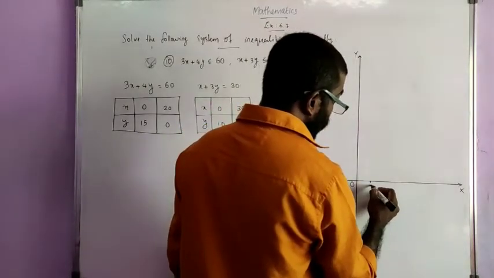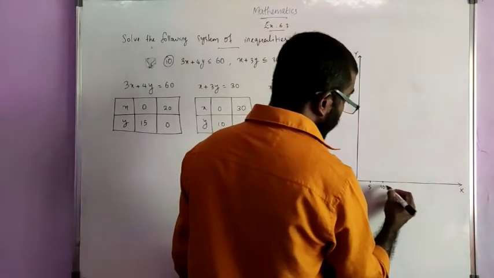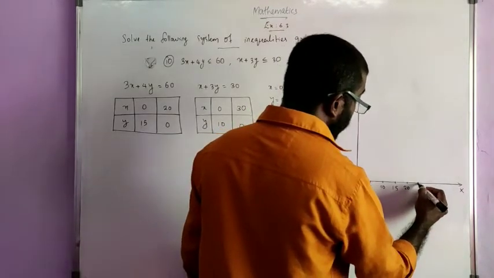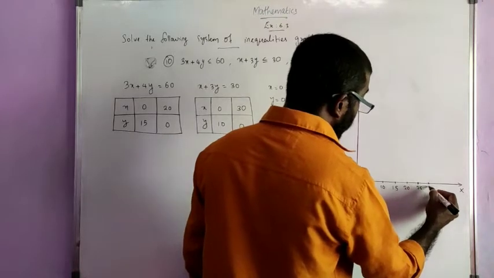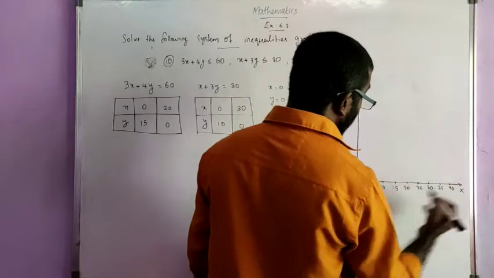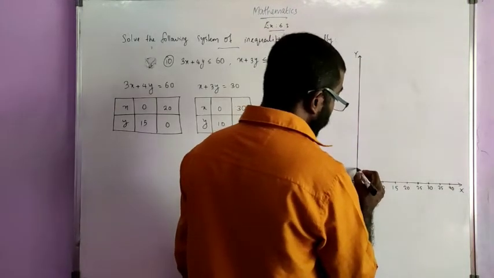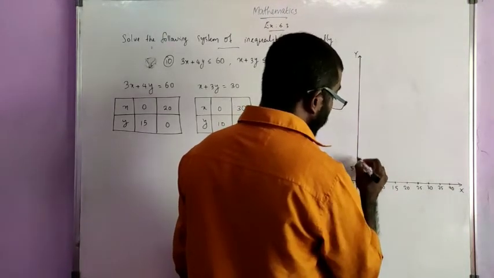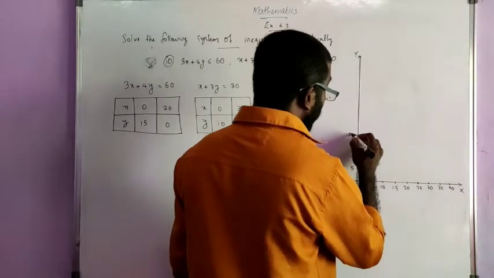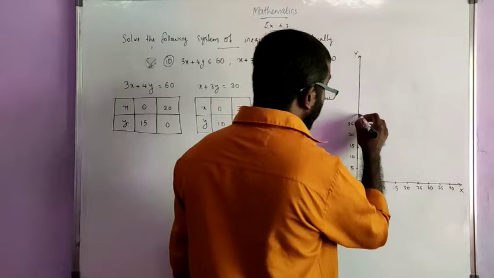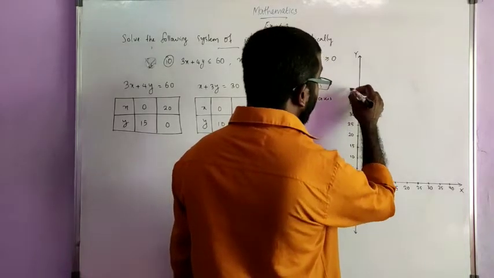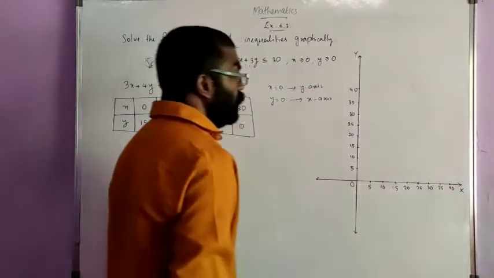Here we can mark 5, 10, 15, 20, 25, 30, 35, 40, etc. And on the positive y axis 5, 10, 15, 20, 25, 30, 35, 40 and so on.